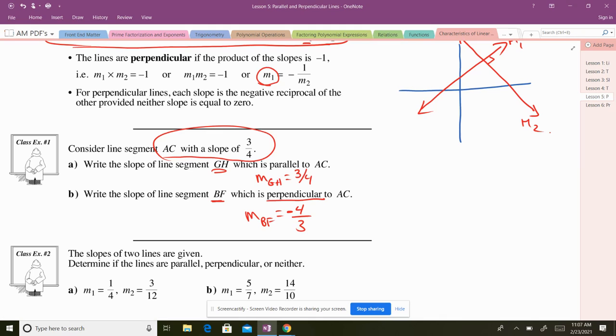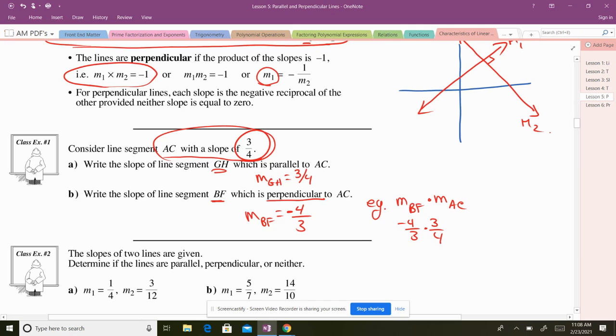Now, a consequence of this is if you multiply the two slopes together, it equals -1. That's what this thing here says. If you multiply the slopes together, you get -1. So for example, M_BF times M_AC: BF is -4/3 times AC, which is 3/4.